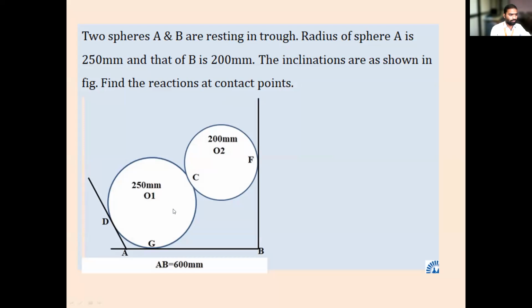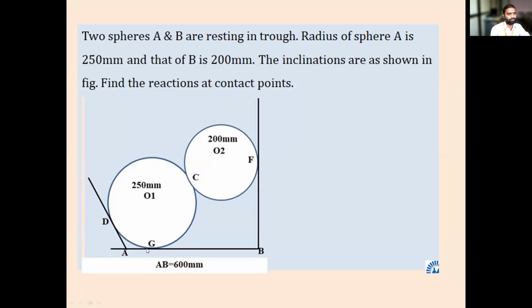You don't know. For that, you have to make a rectangle here first. Join O1D and O1G. This angle is given, it is 60. The inside angle is 60, so the outside angle is 120.